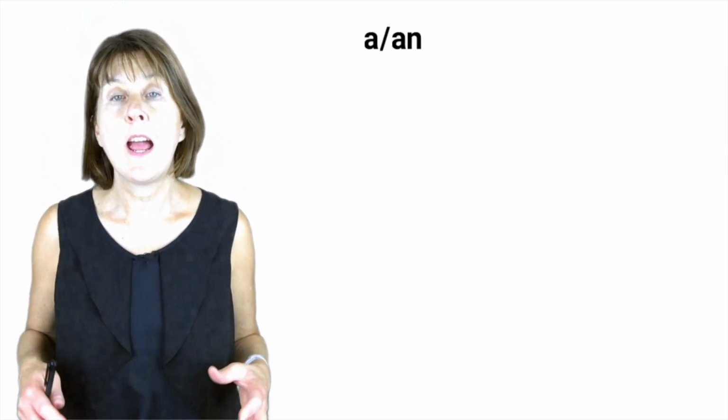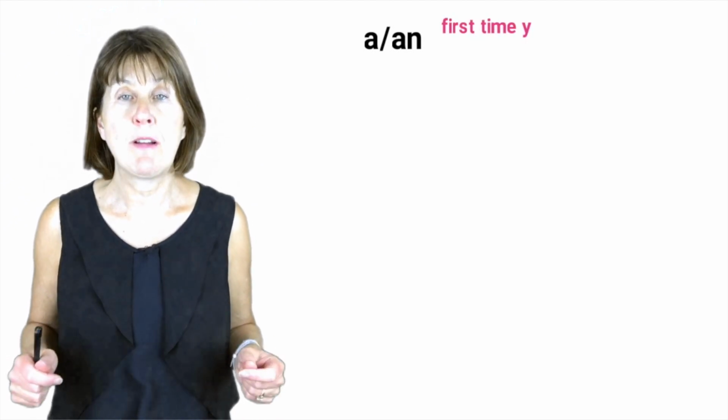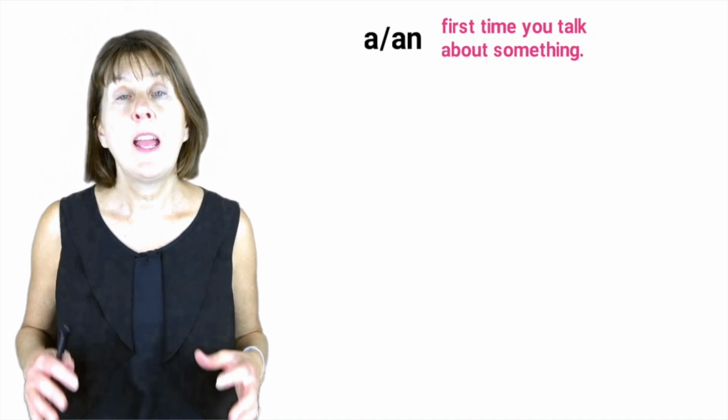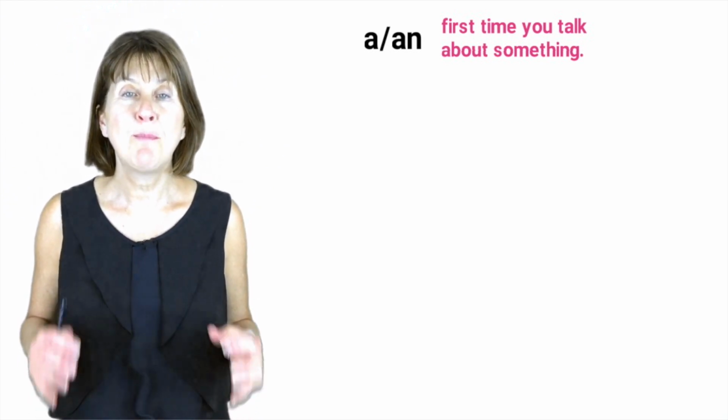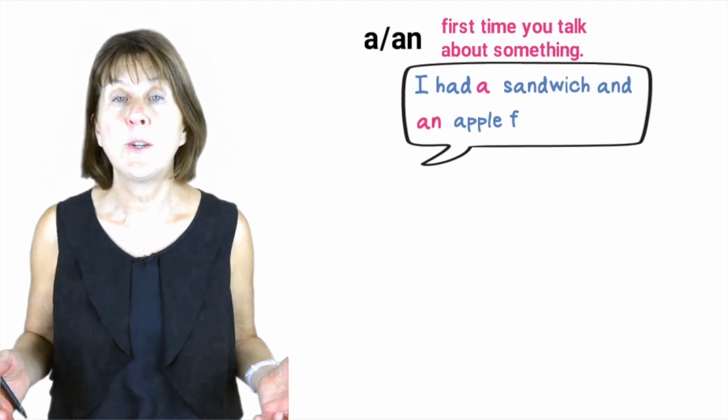Firstly, and most importantly, we use a and an before a noun when it's the first time you talk about something. It shows that what is referred to is not already known to the speaker, listener, writer or reader. It's the indefinite article. So, for instance, I had a sandwich and an apple for lunch.